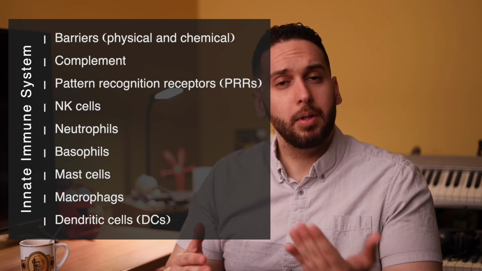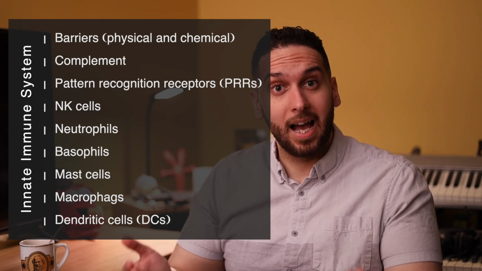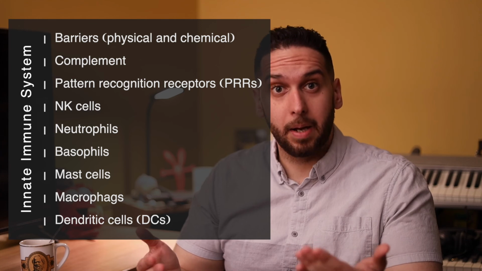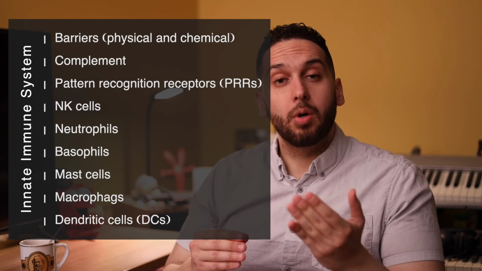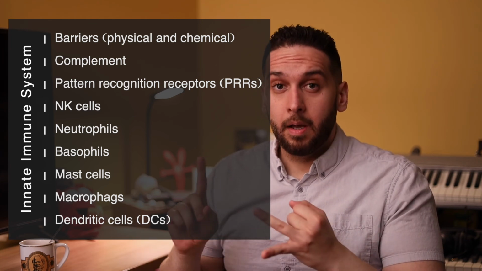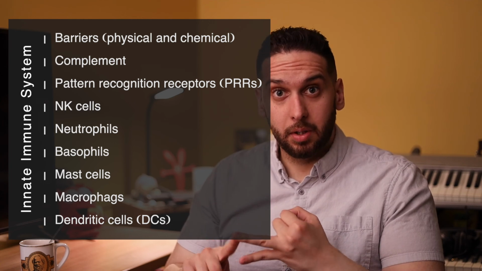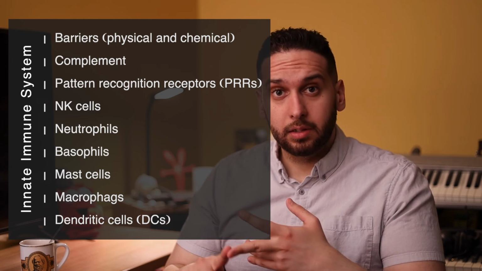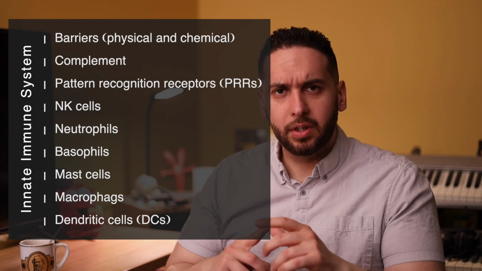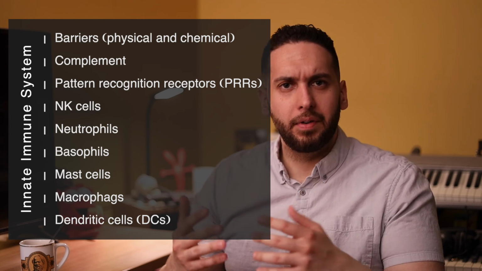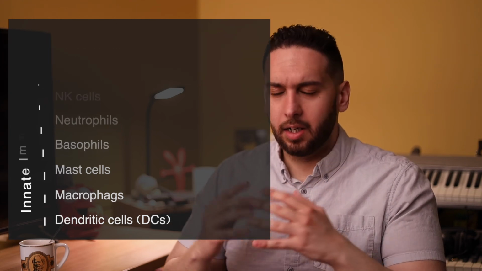An example of a chemical barrier is your stomach acid, which kills any pathogens that you might ingest. Another component is complement, pattern recognition receptors, the PRRs, NK cells, neutrophils, basophils, mast cells, macrophages, dendritic cells, and there are many other components. We will talk about all these components in future videos.